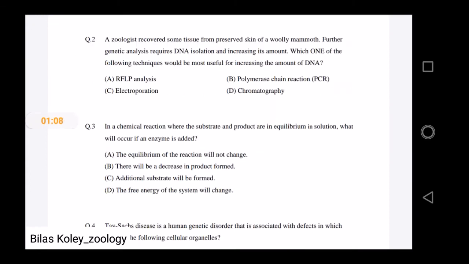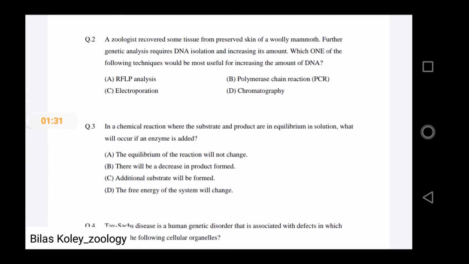Now we will discuss question number 2. A zoologist recovered some tissue from preserved skin of a woolly mammoth. Further genetic analysis requires DNA isolation and increasing its amount.